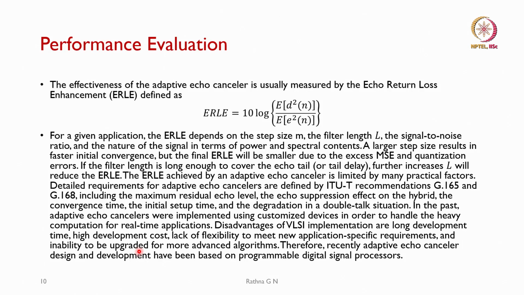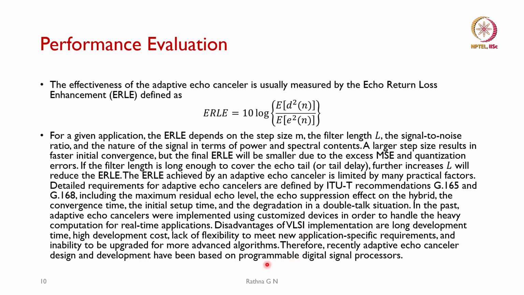For the other one, you have to completely change your CPU. Now they become obsolete so fast. So, for the advanced algorithms being used nowadays, you will not be upgrading whatever you have designed in hardware. So, these are the drawbacks.